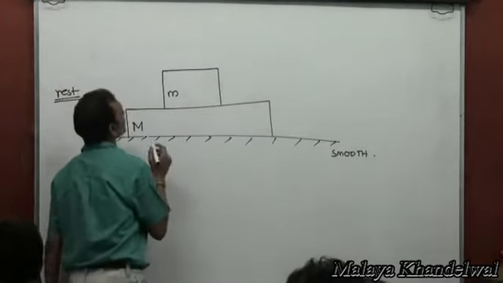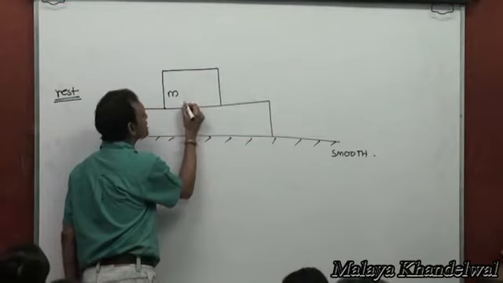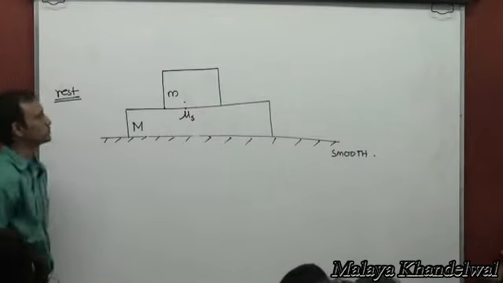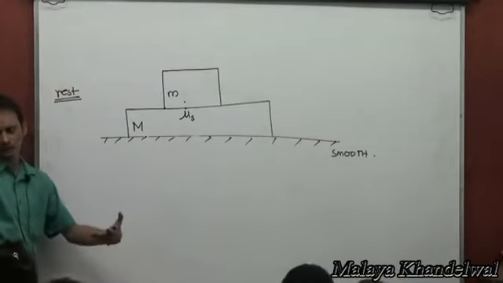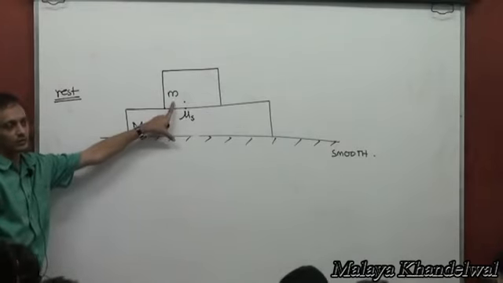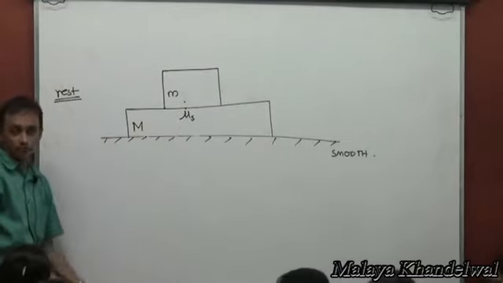And let's say the coefficient of static friction between small m and capital M is μs, which would be served to you on a platter. Somebody will tell you the coefficient of static friction between small m and capital M.